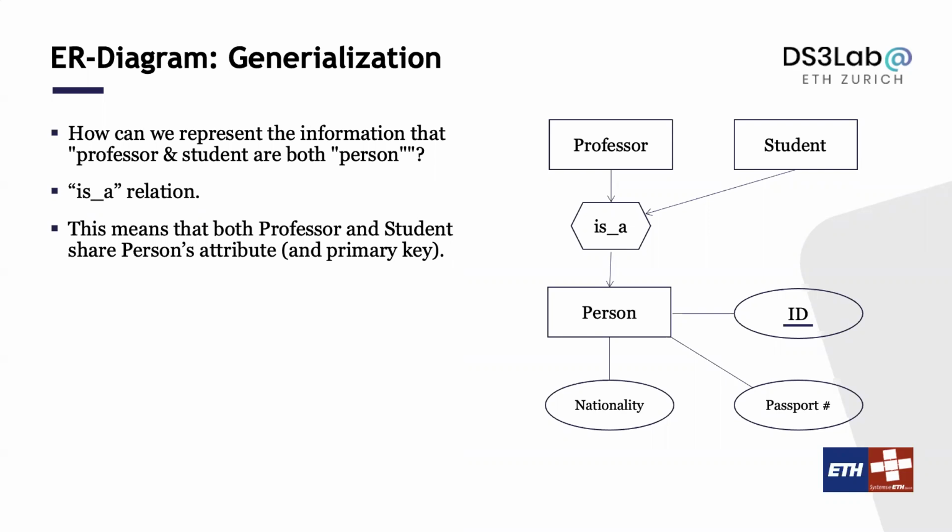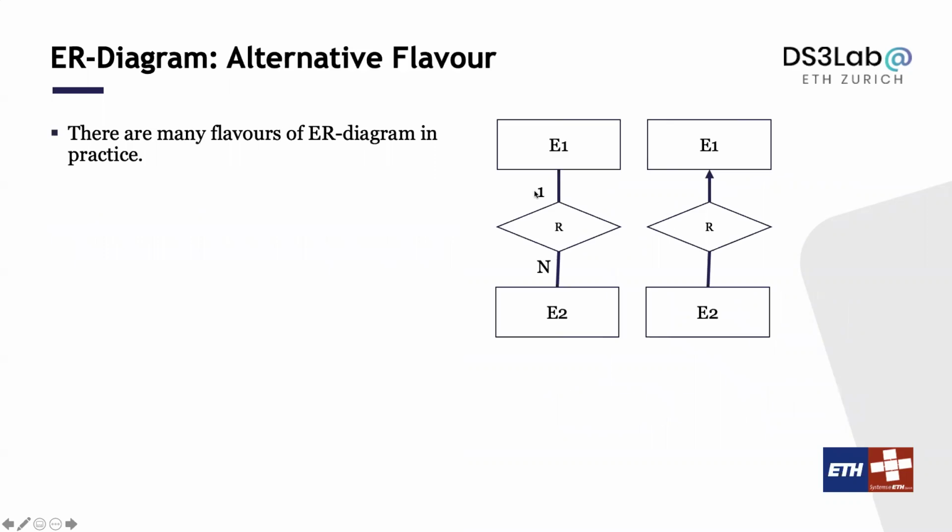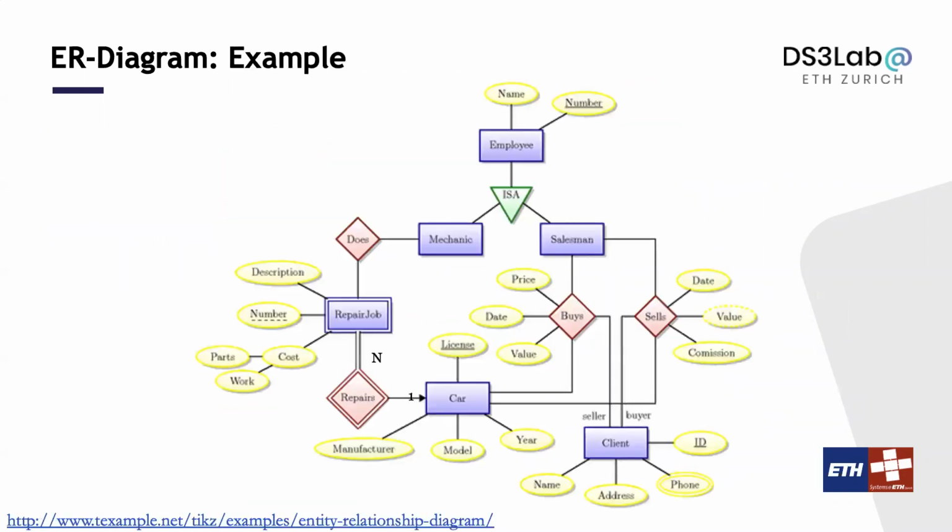If you go again to the mechanic and salesman example, here for sales we have the attribute value that's only dashed, and for client we have the attribute phone that's circled twice. What does that mean? That's something that we didn't introduce. I actually don't know.